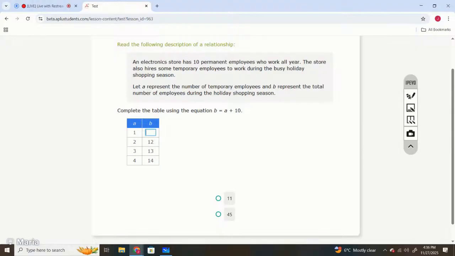Complete the table using the equation B equals A plus 10. A equals 1. So 1 plus 10 equals 11.